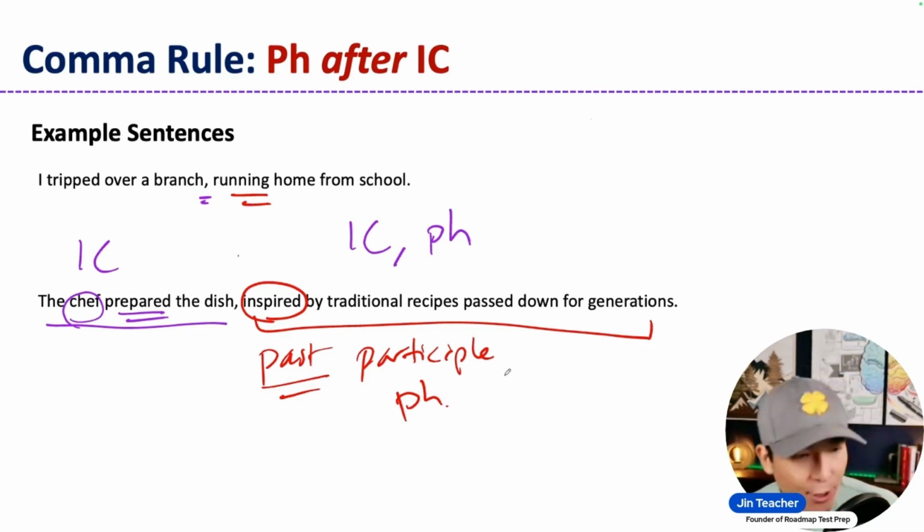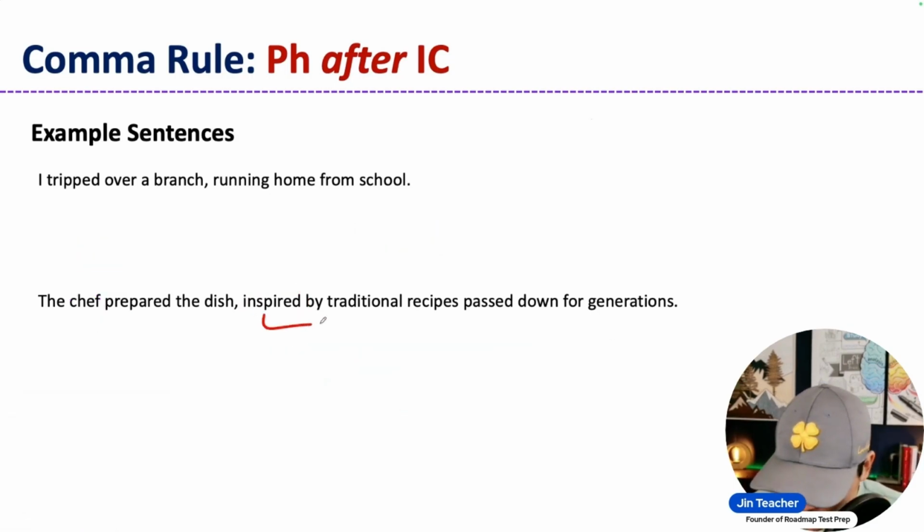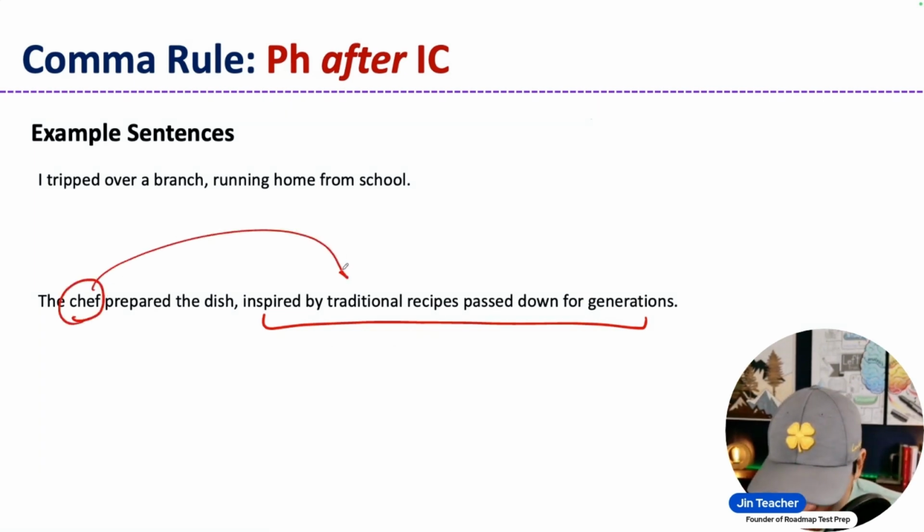So if I ask you this question, who was inspired by traditional recipes passed down for generations? Who was inspired? You would all say, oh, of course, logically, it would have to be the chef. The chef was the one who was inspired by traditional recipes. That makes logical sense. Aha.